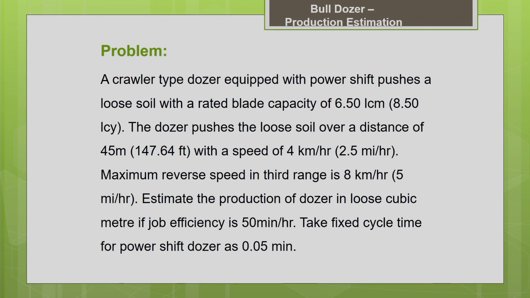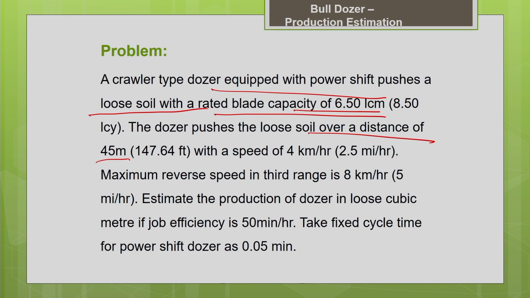Now let us work out another problem, a different approach to the estimation of the productivity. In this, a crawler type bulldozer is given. It is equipped with power shift mode, so automatic gear change. It pushes loose soil with a blade capacity of 6.5 loose cubic meter, and the dozer pushes the loose soil over a distance of 45 meters.